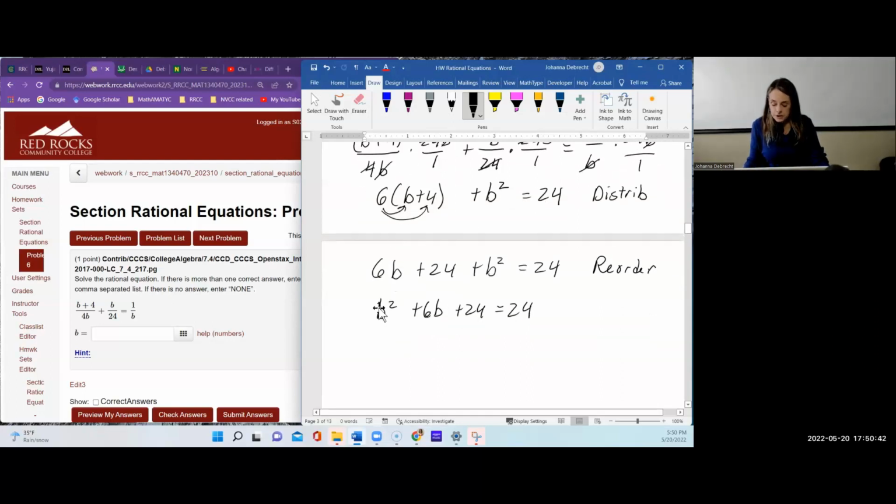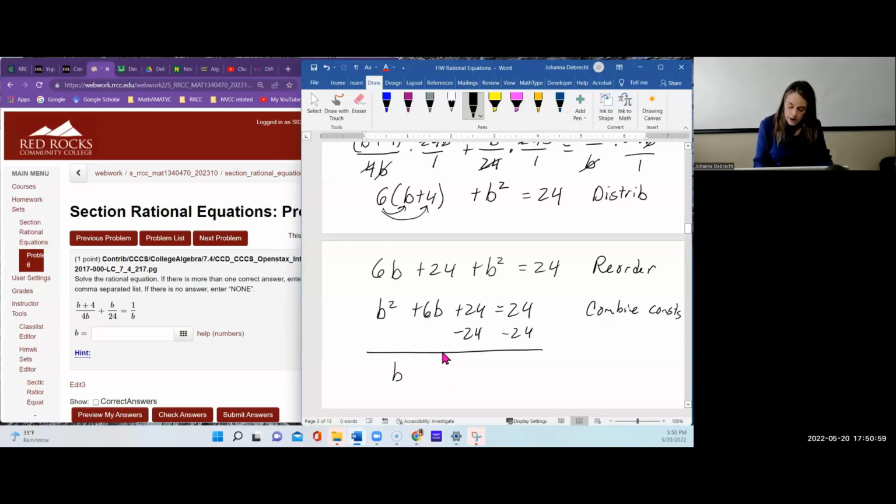The next thing I can do is subtract the 24 on the right to move it to the left. I'm combining my constants. Uh-oh. When I did that, they canceled, and I got left with b squared plus 6b equals 0.